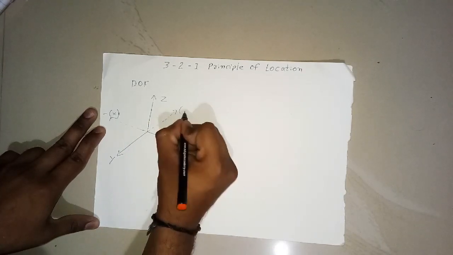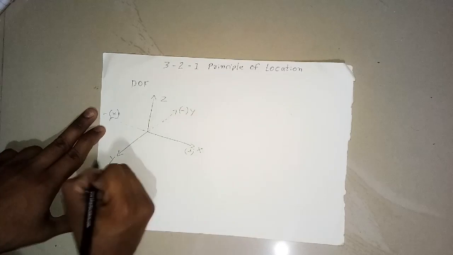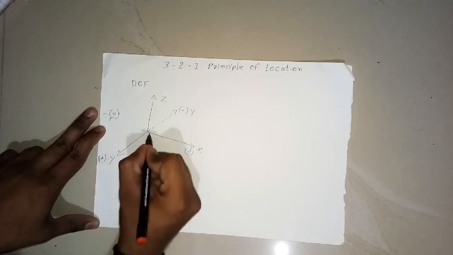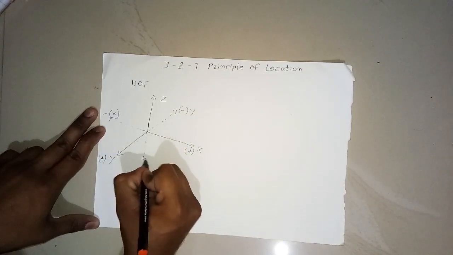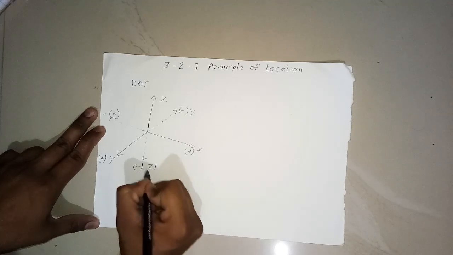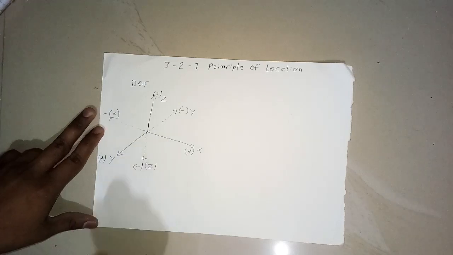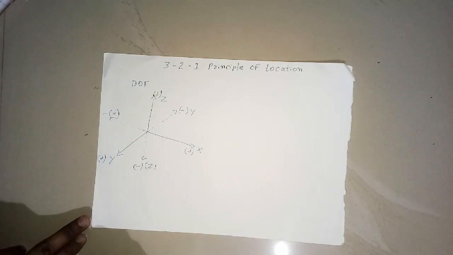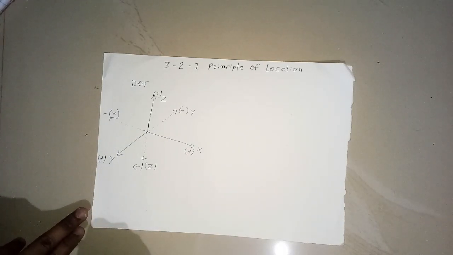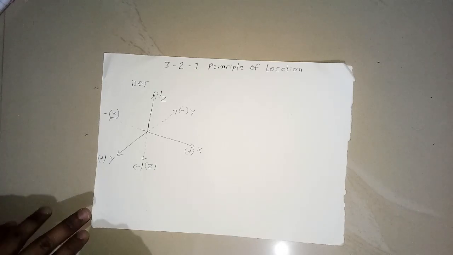This is negative y, positive y. This is negative z, positive z. To find degree of freedom, we start with different motion.